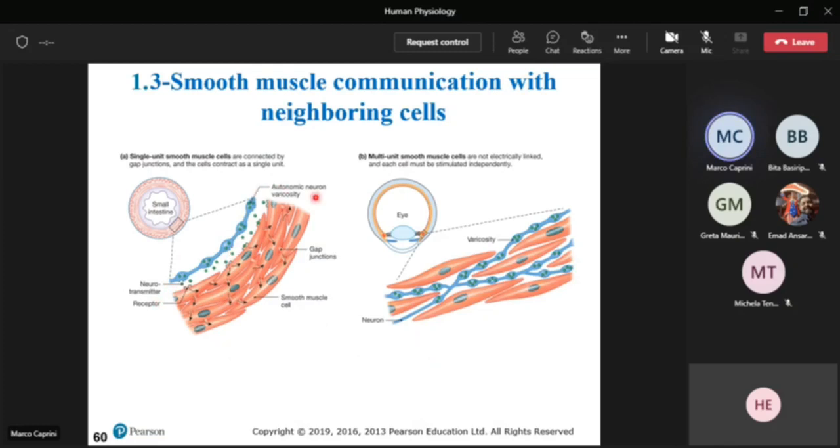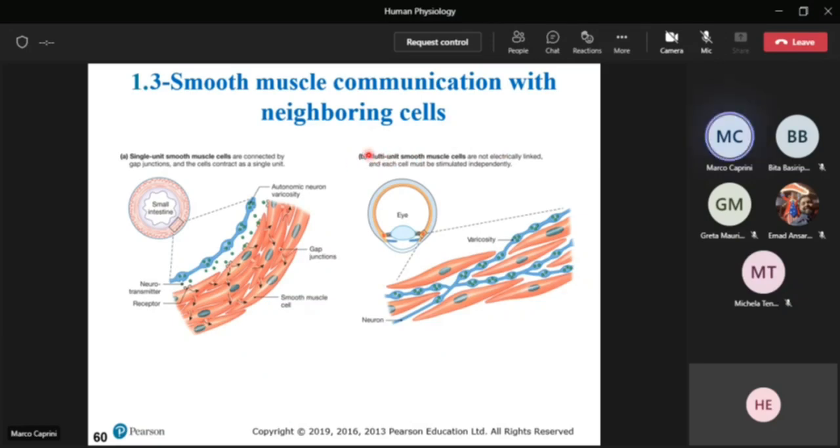The autonomic neuron varicosity, from the autonomic part of the nervous system that controls all the involuntary movement of our body, and the release of neurotransmitter can produce the contraction of the muscle. The second component is completely different.